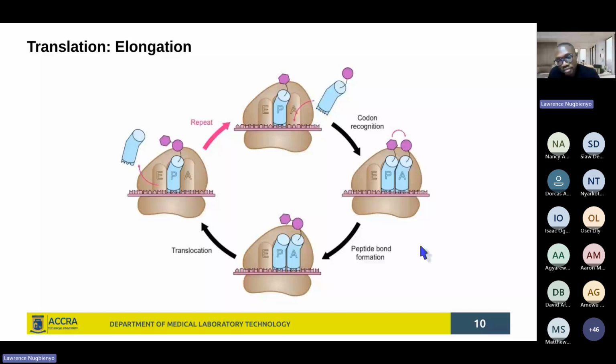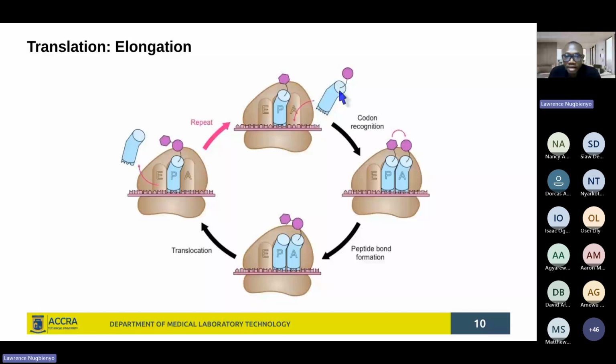Then the third amino acid will come, the fourth, on and on until you have a long peptide chain. And all the time, this is a cycle of the elongation process where you have a transfer RNA, which is carrying an amino acid, and that transfer RNA comes into the A site.